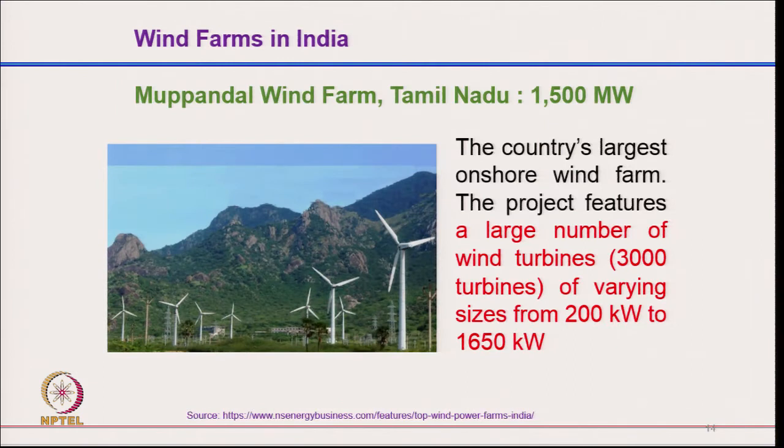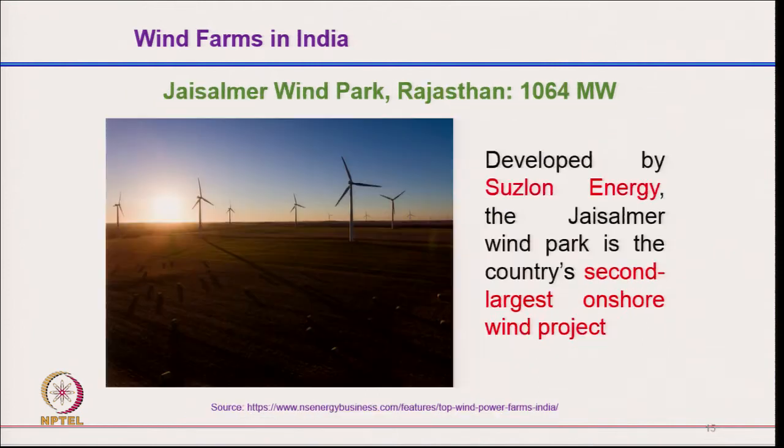These are some typical photographs of a 1500 megawatt plant, with sizes varying from 200 kilowatt to 1650 kilowatt. Suzlon Energy developed the Jaisalmer wind park, the second largest onshore wind project, of 1064 megawatt.